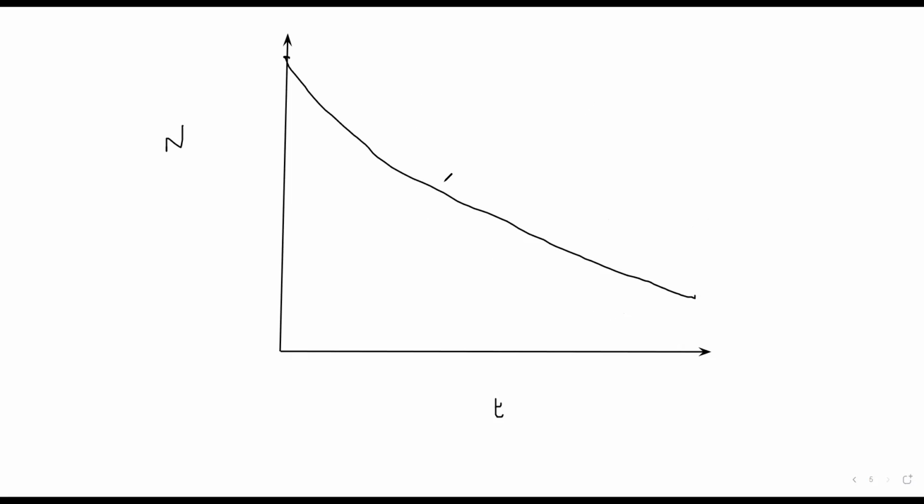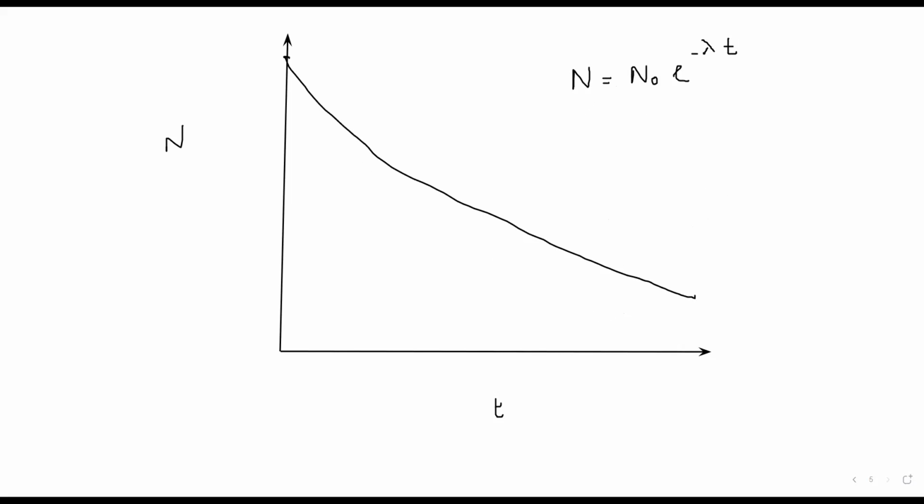The equation which relates to this graph is: N equals N naught e raised to the power minus lambda t.